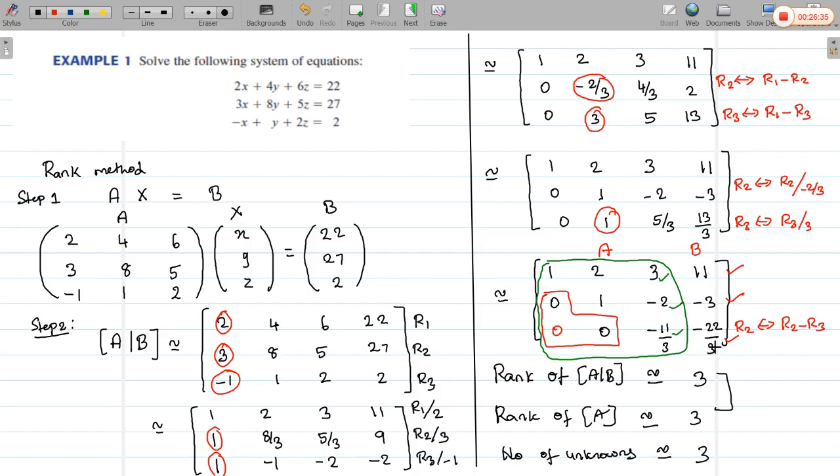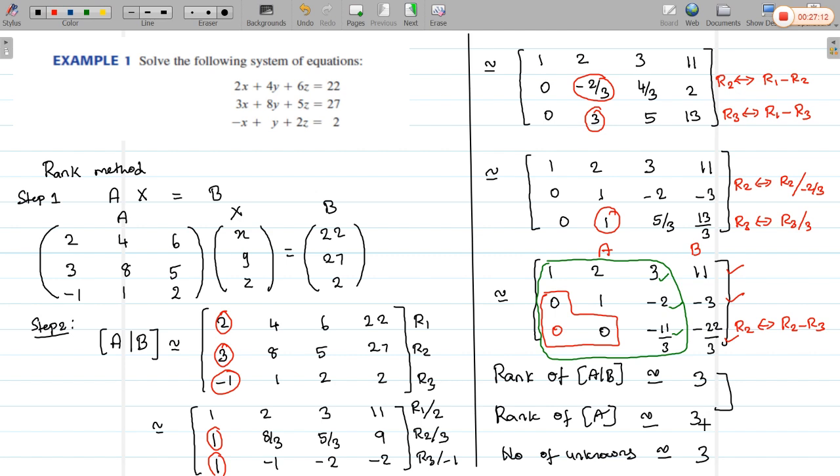So two things are there from the rank: rank of AB and rank of A. If both are equal, there is a solution. If both are not equal, no solution. Is that clear? If you say that there is no solution, stop here, finish. If there is no solution, why do we need to continue? If there is a solution, we need to continue and tell what the solution is. Now, are they equal or different? Then there is a solution. Yes.